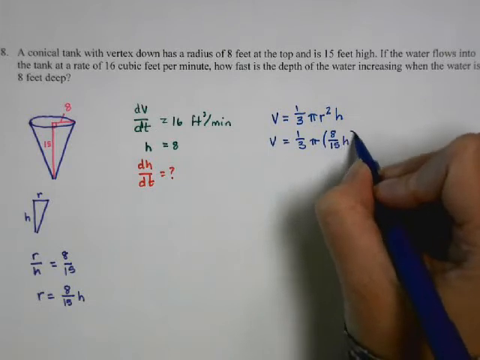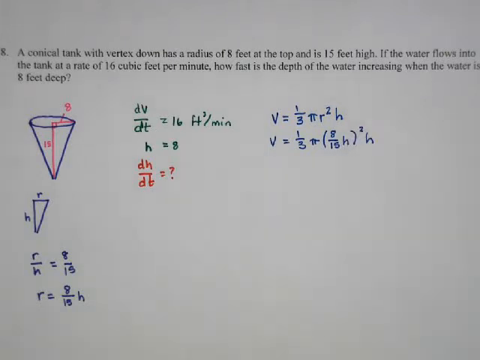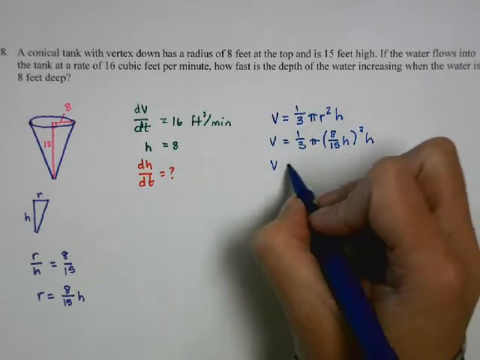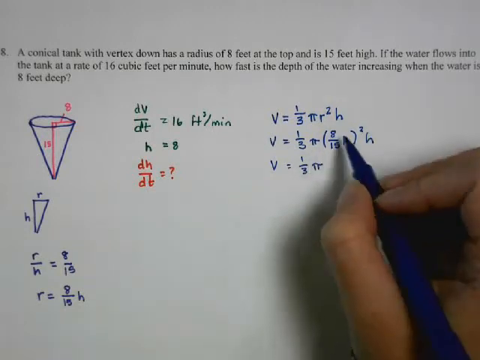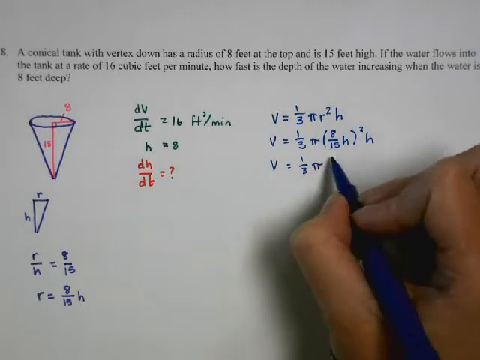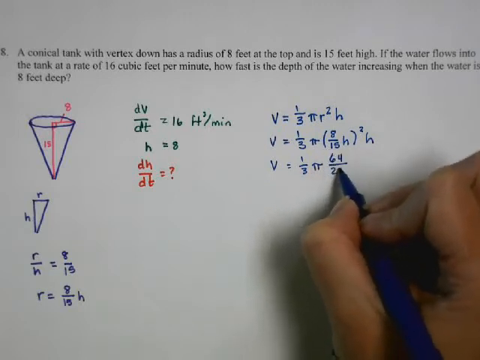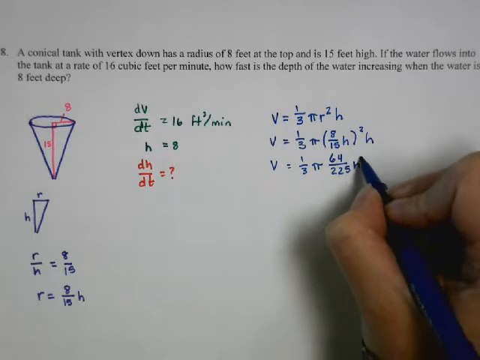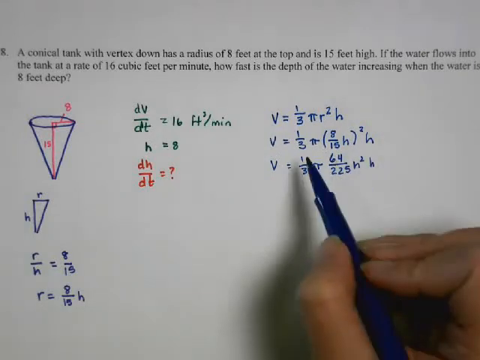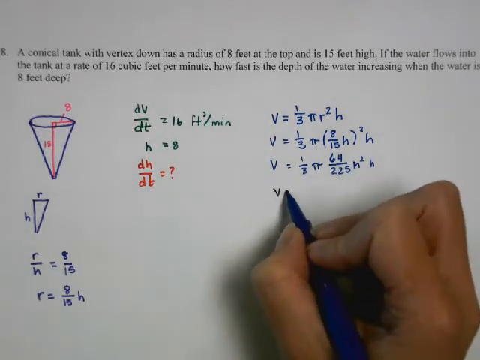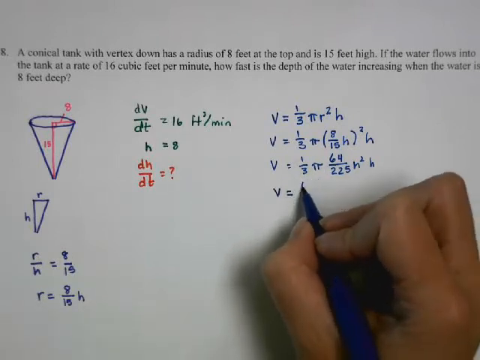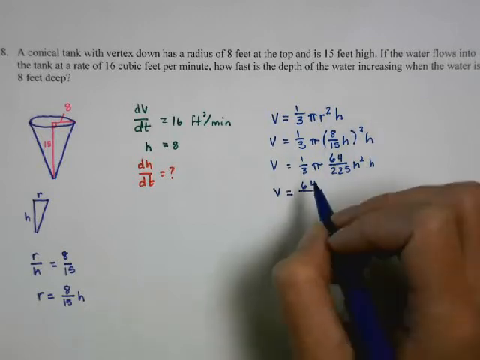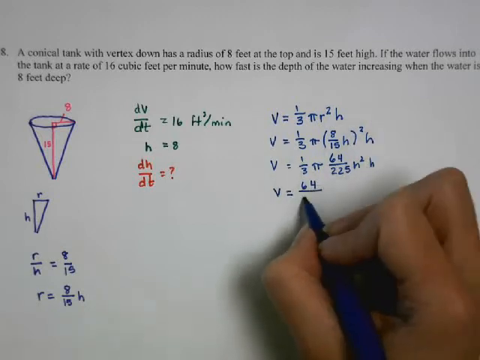Okay, so my volume, we're going to have 1/3 pi, 8/15 squared is going to be 64 over 225, h squared, h. If you multiply this and this together, and you can use the calculator to help you out, we get 64 over 675 pi h squared times h, which is h cubed.